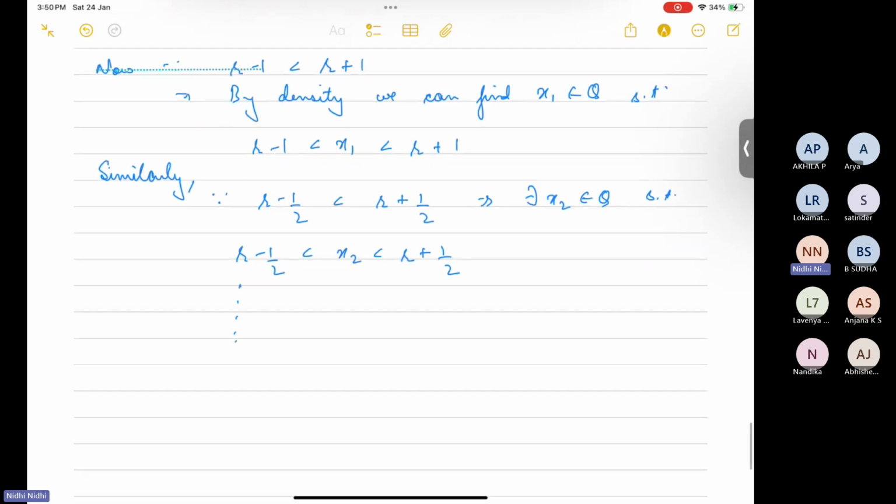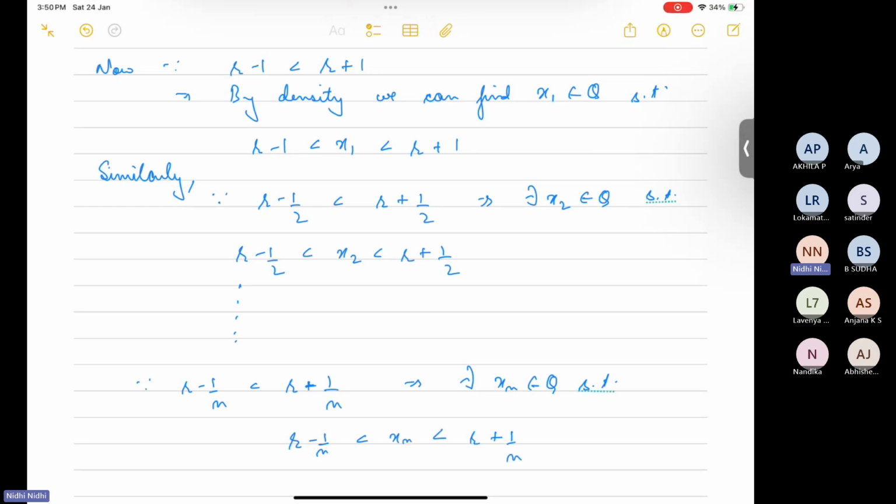And so on, we can construct a sequence. R minus 1 by n is strictly less than R plus 1 by n. This happens for every natural number. There exists xn in Q such that R minus 1 by n is strictly less than xn, strictly less than R plus 1 by n.